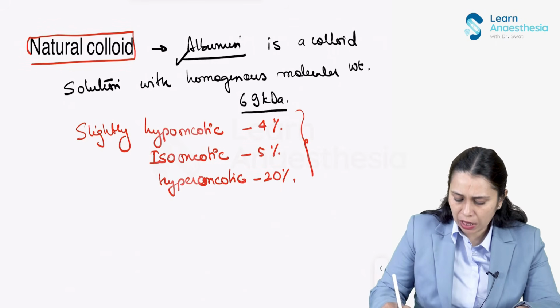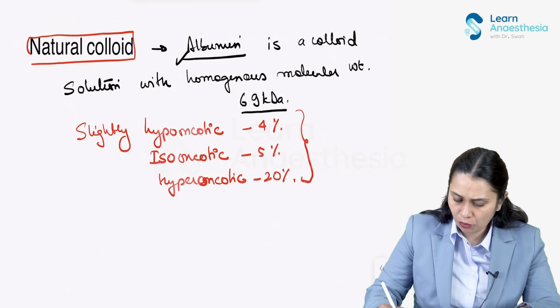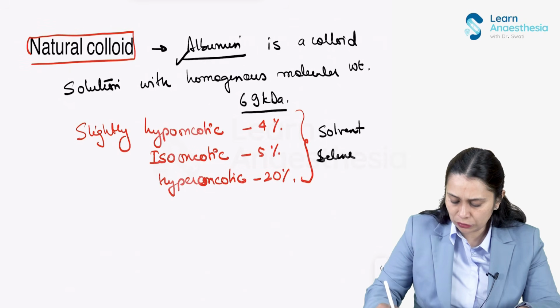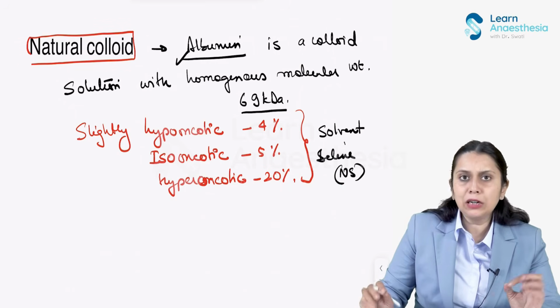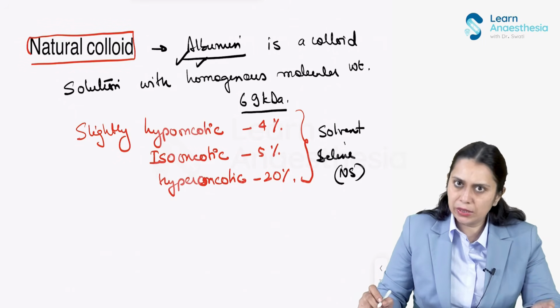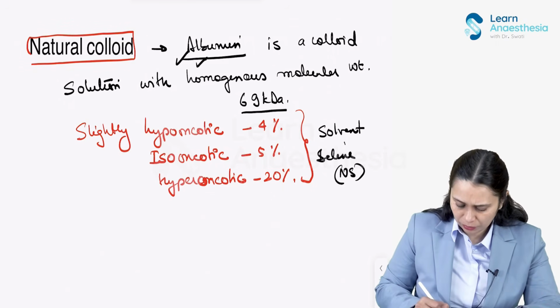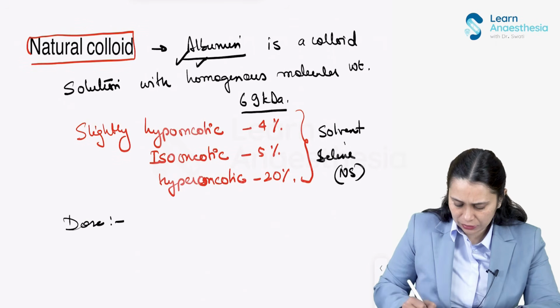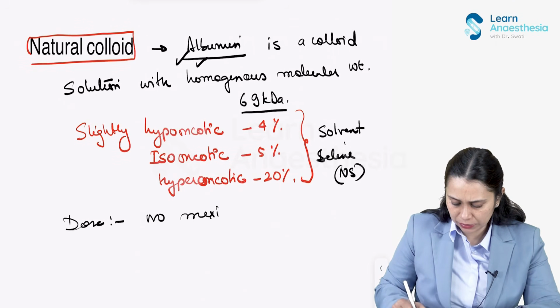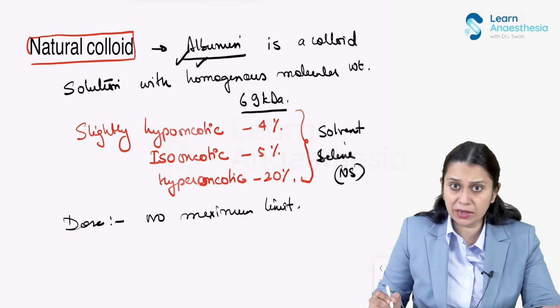All three are prepared in isotonic salt solution, so the solvent for all is physiological saline, that is normal saline. The maximum dose of albumin is unlimited. There is no recommended maximum limit.